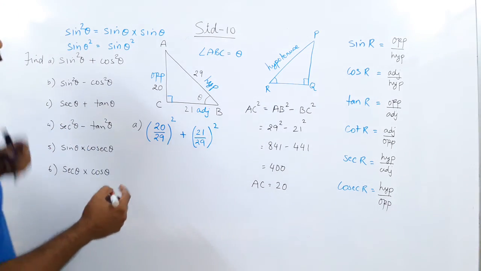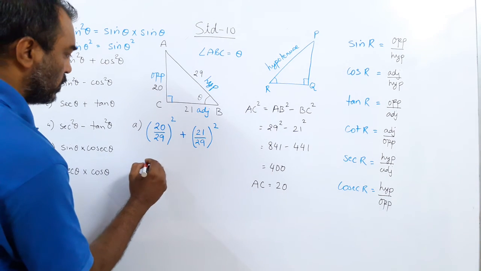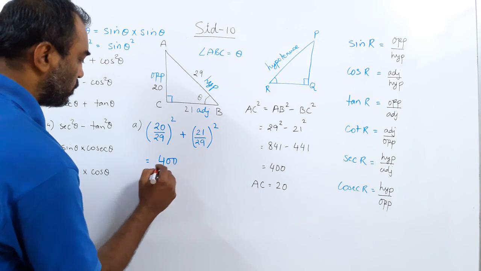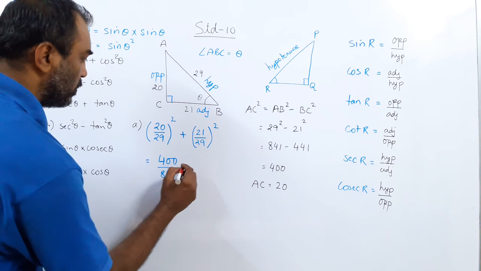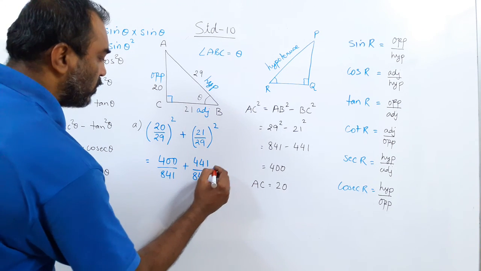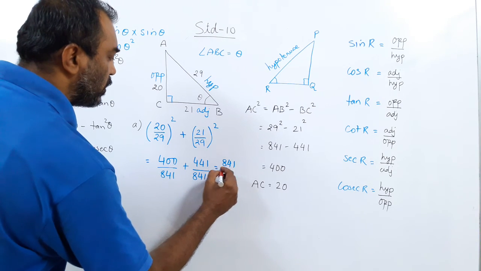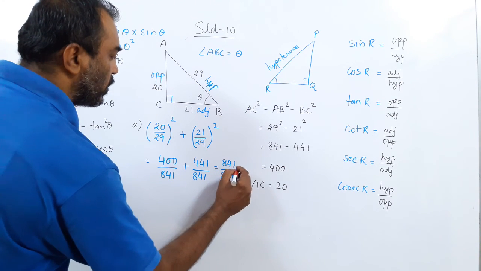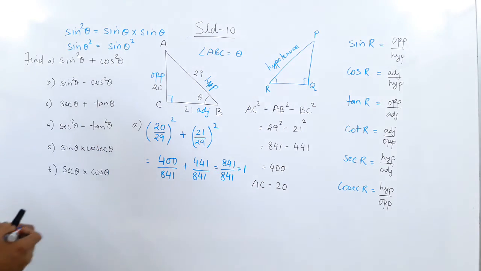What is cos theta? It is adjacent upon hypotenuse. So you get 400 upon 841 plus 441 upon 841, equal to 841 upon 841, equal to 1. So the first answer we have is 1.